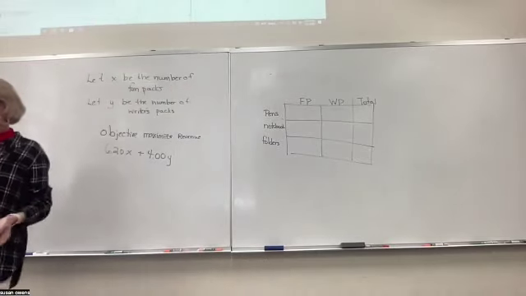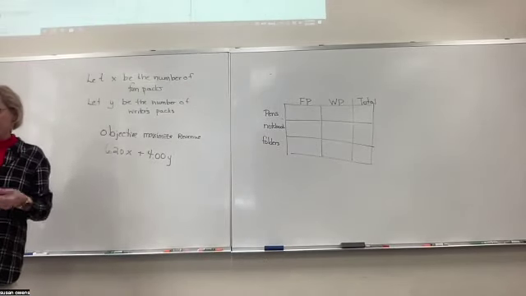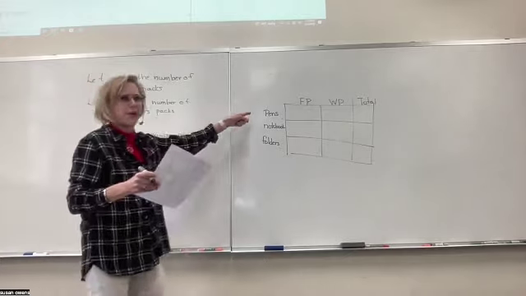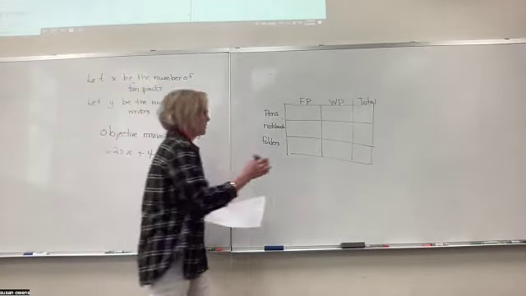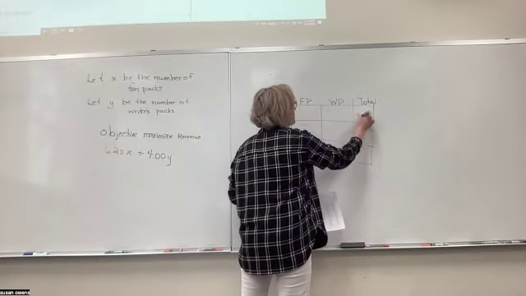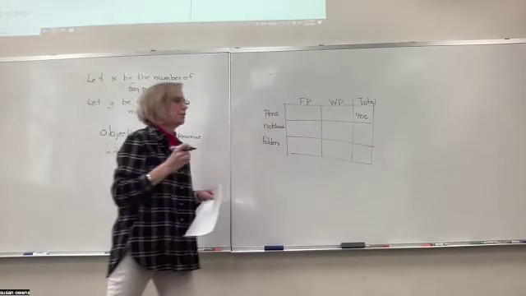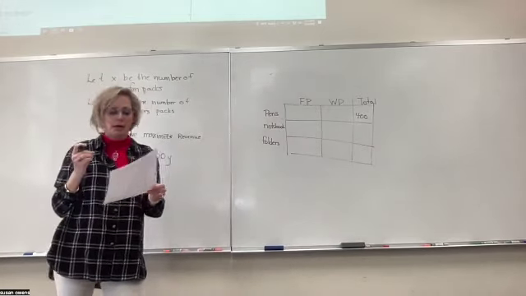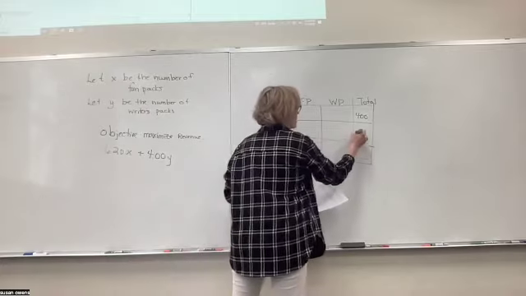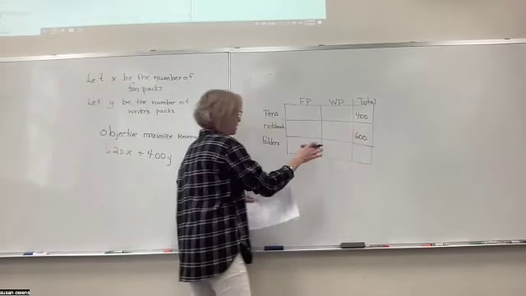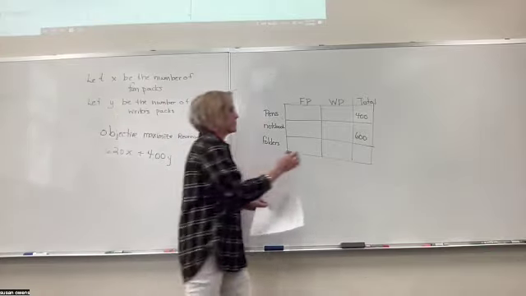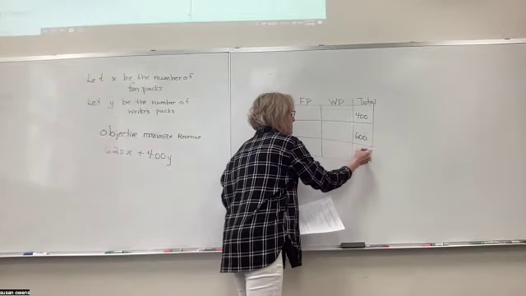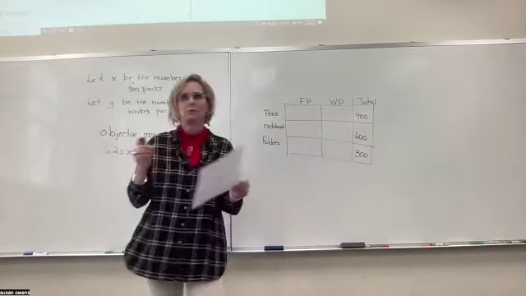Well, we probably have a total number of these things. What's our total number of pens that we have? 4. Good. What's our total number of notebooks that we have? Okay. What's the total number of folders that we have? 300. Once you've used those numbers, kind of cross them out because we've used them now.